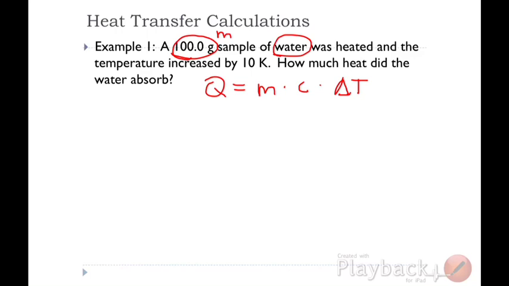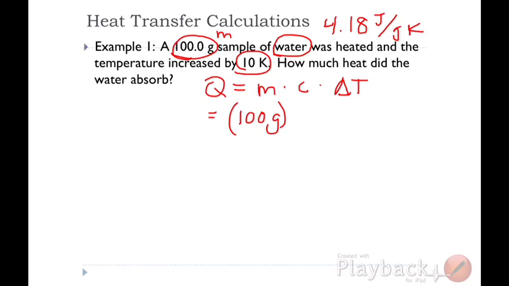We have a sample of water, so we need the specific heat for water. We look at our table of specific heat values and we get 4.18 joules per gram times degree Kelvin. And the temperature increased by 10 K, that's our change in temperature. And then we just go ahead and fill in our values and multiply to find our answer.